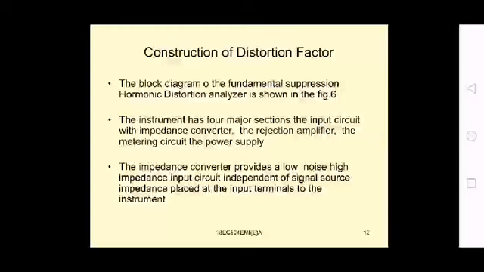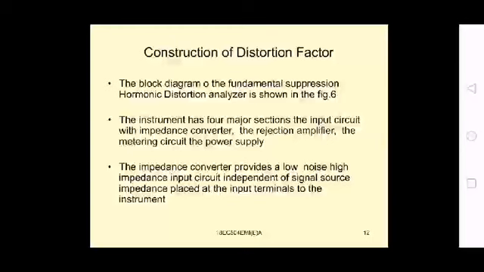The impedance converter is a 1:1 converter which will provide a low noise, high impedance input circuit, independent of the signal source impedance placed at the input terminals of the instrument.